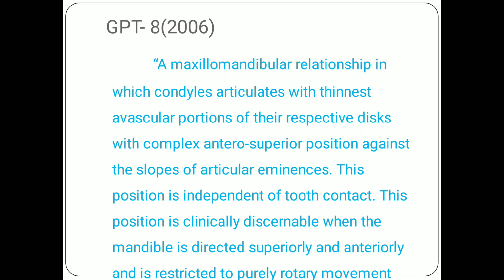The position is independent of tooth contact. This position is clinically discernible when the mandible is directed superiorly and anteriorly and is restricted to purely rotatory movement.